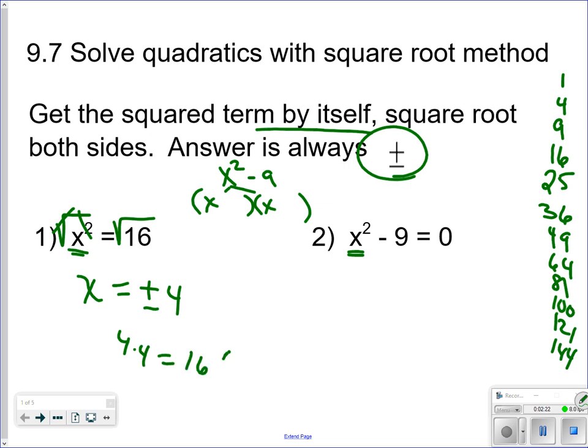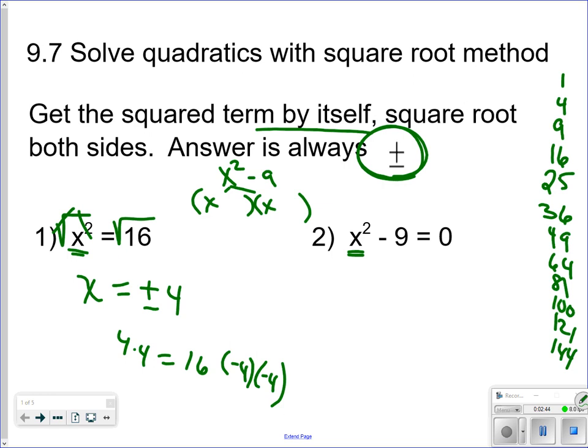Yes. What about negative 4 times negative 4? Doesn't negative times negative turn positive? Yes. So we have to have two answers with our solution. Those two answers are both the plus and the minus, and you can do that by putting that plus minus sign right on top of each other, like what I have circled right here.